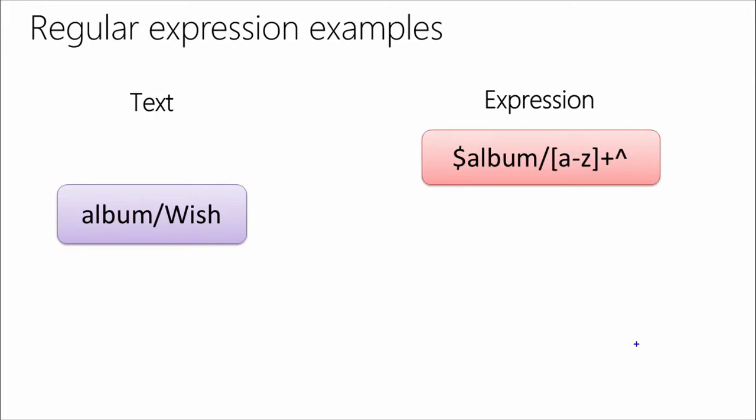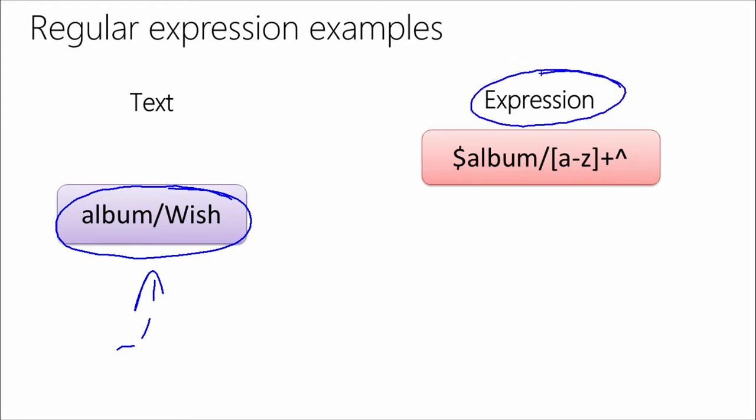So let's go back to our little example here, where I've got a bit of text over here. Album/with. You'll notice that I'm using more of a URL pattern. And there's my expression. I've got the dollar and the caret, meaning that it has to start and end with that. I've got the hard-coded letters ALBUM/, and then right here I've got that A to Z plus.